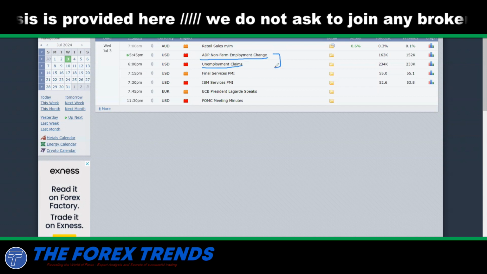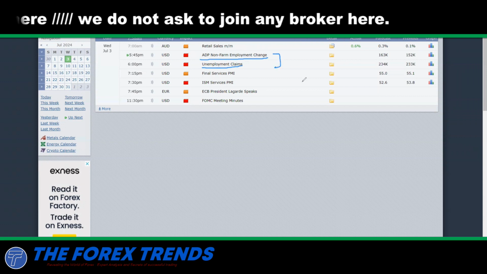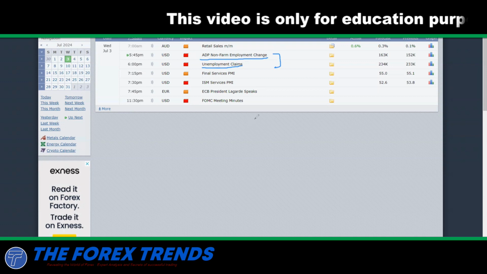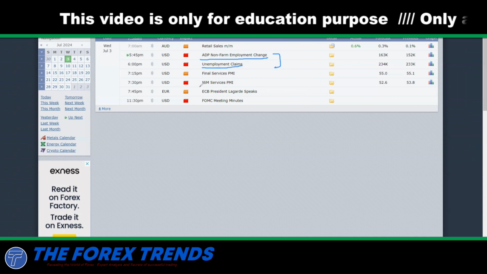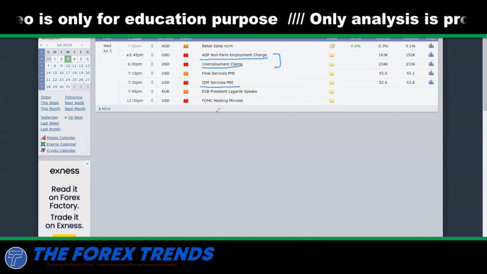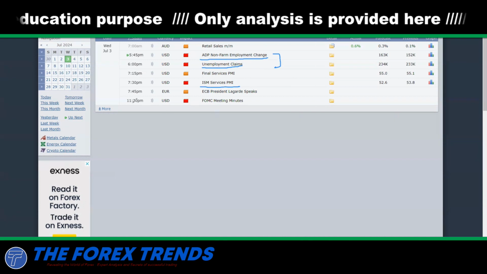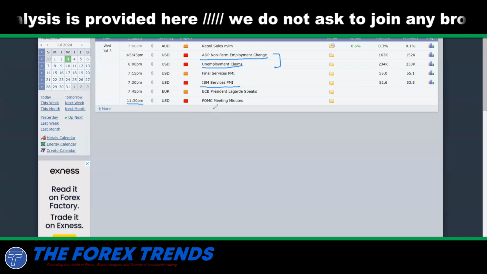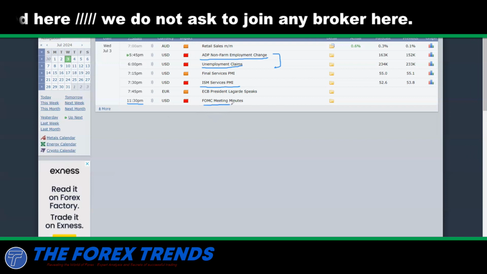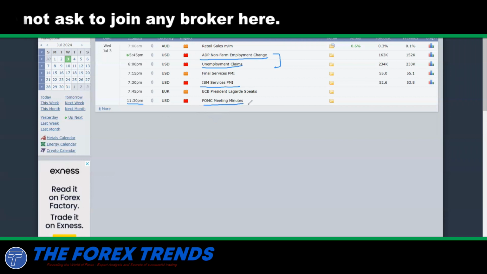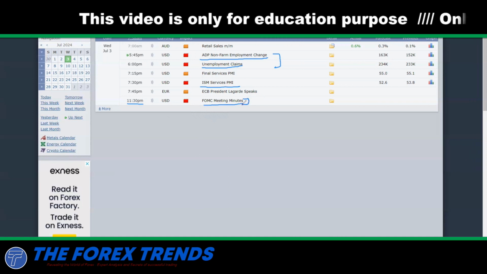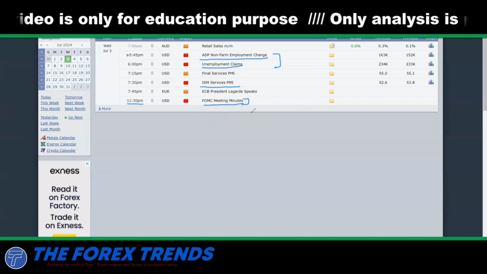Both represent the labor market condition. And right after at 7:30 p.m. we have ISM services PMI, and finally at 11:30 p.m. IST the Fed releases the FOMC meeting minutes, and we will read these minutes carefully.